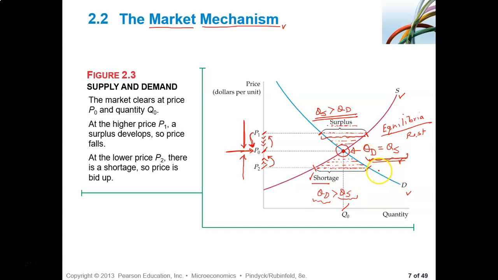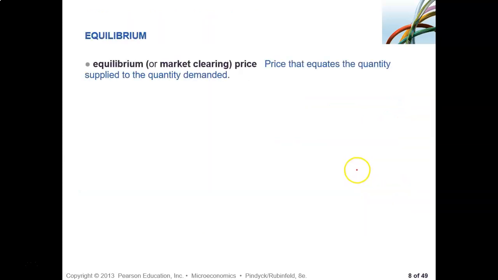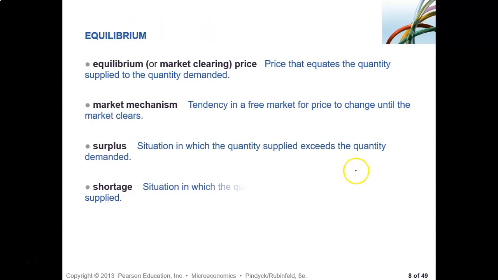Again we have a state of rest. So we say that equilibrium is market clearing, because at that equilibrium price, the amount consumers want to buy, demand, is exactly equal to the amount producers want to sell, supply. The price that equates the quantity supplied to the quantity demanded we call equilibrium.